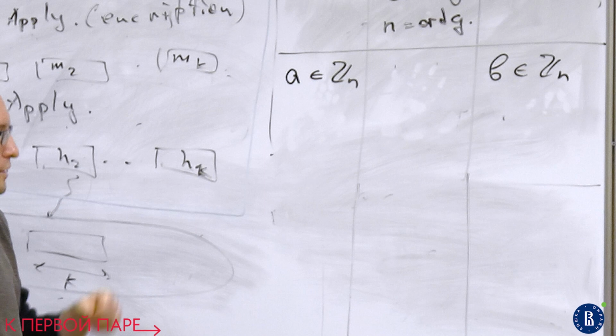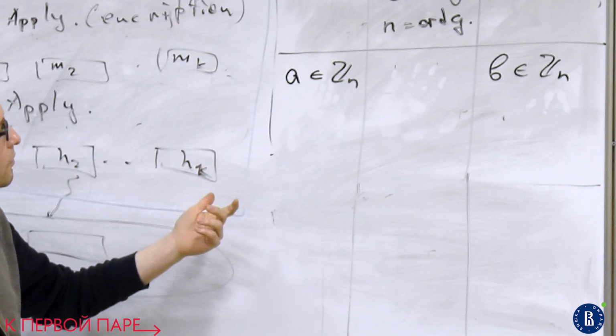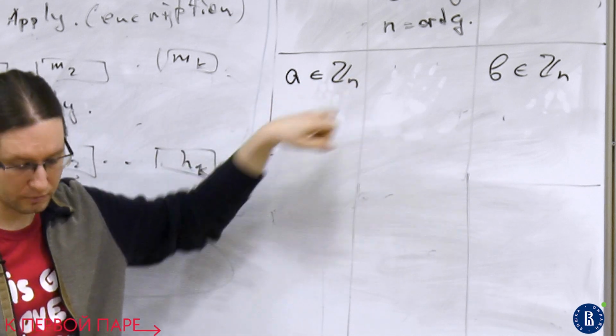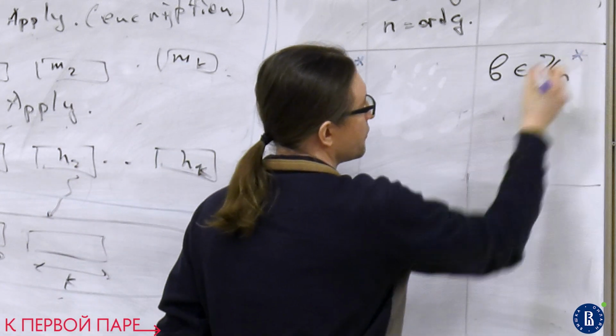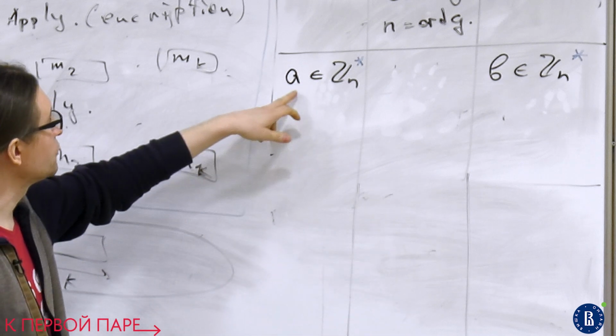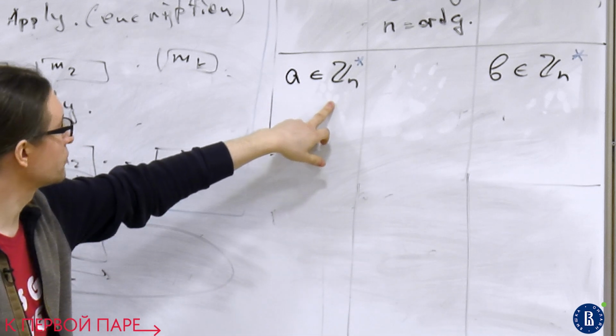If you want the whole system to be more reliable, you want actually A and B to be coprime with n. Well, let me put an asterisk here, using blue color. I mean, this is not very important, but you don't want A to be 0, for example. It's a stupid thing to do.